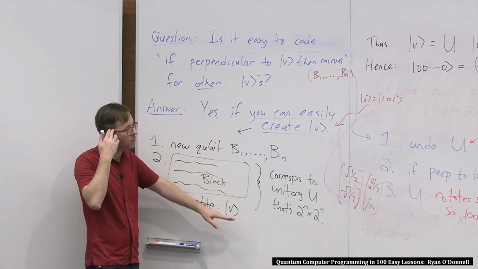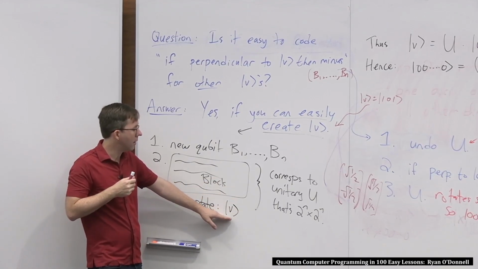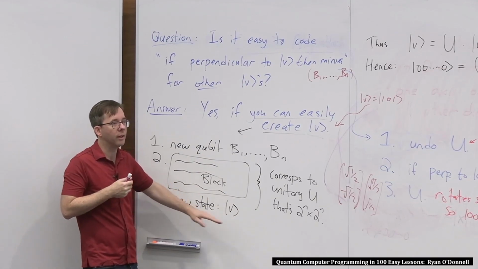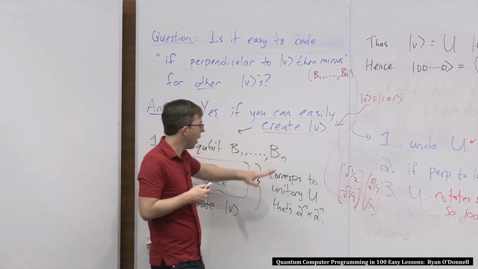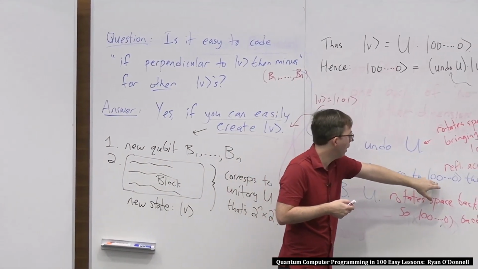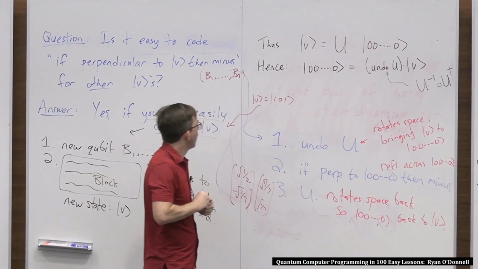In fact, you have a state in mind, and you have some code that can generate it. Now, in this case, a different way to do it is kind of similar. This is very similar to this.